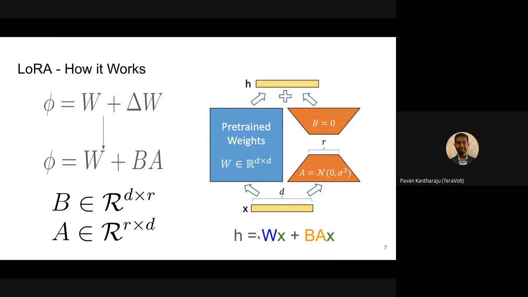If you were not to use LoRA, you'd only pass your input through your pre-trained weights and get your output H. With LoRA, you add these additional trainable weights B and A.